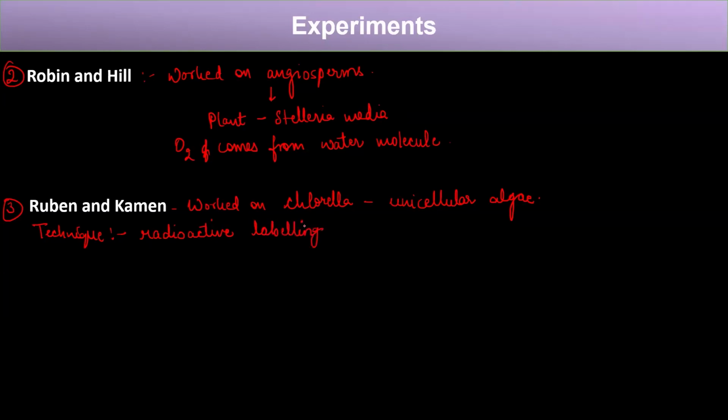You must have heard about isotopes, right? These isotopes have different molecular weights. Isotopes are the elements having the same atomic number, but different molecular weight, right?